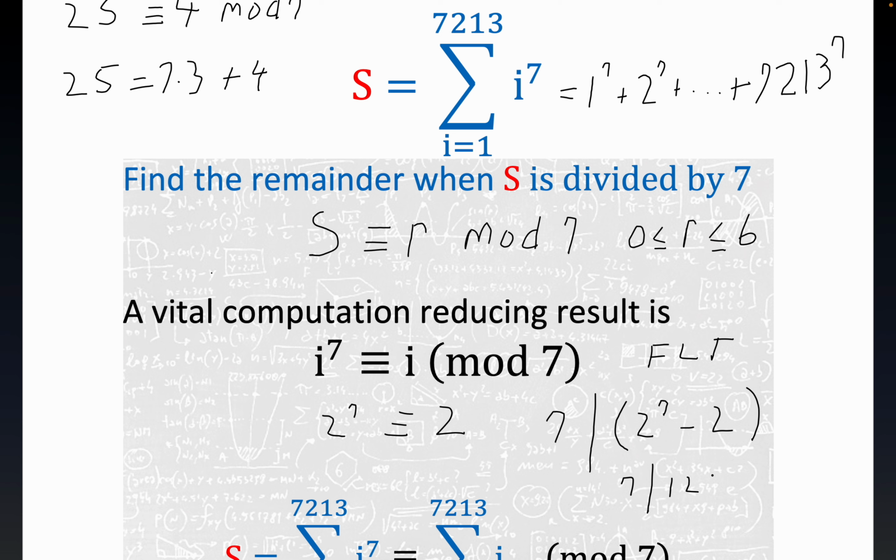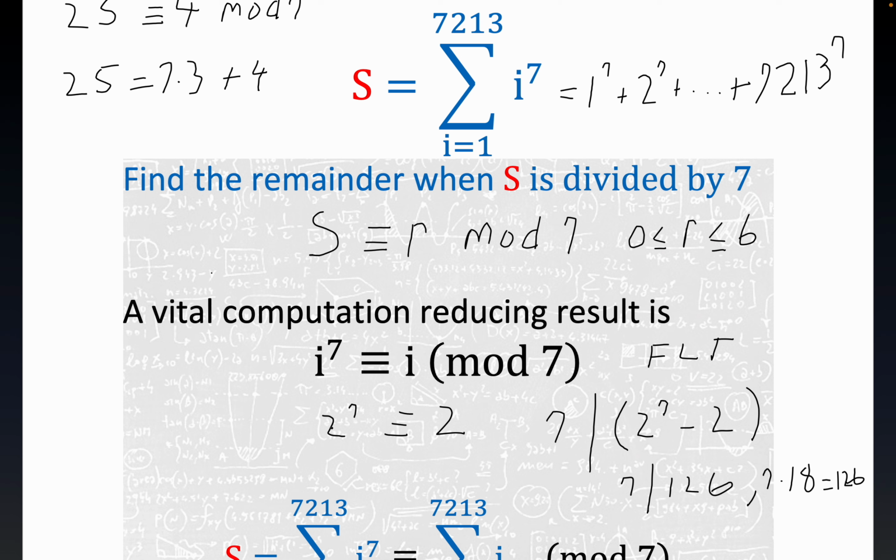And that's true, right? 7 is a factor of 126 because 7 times 18 equals 126. And that's just an example of a small number that would work out.